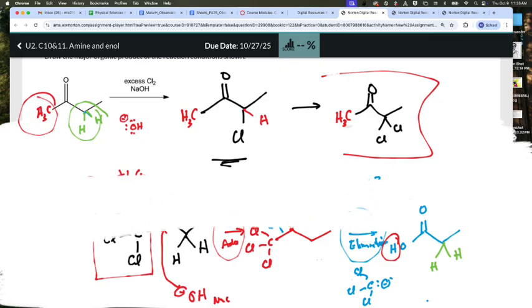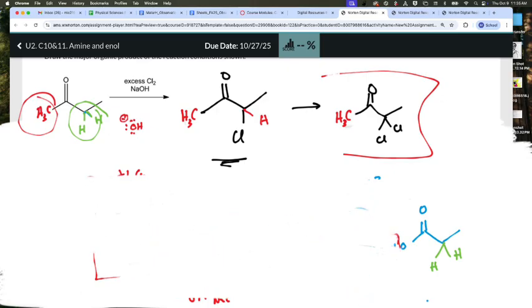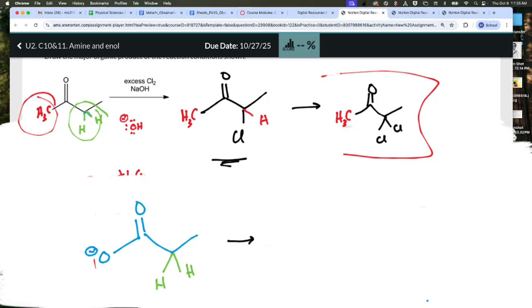But if we double back and now look at this final product, let's say our base comes in and removes that hydrogen. Are those green hydrogens acidic? For them to be acidic, what has to be true? The conjugate base must be more stable.